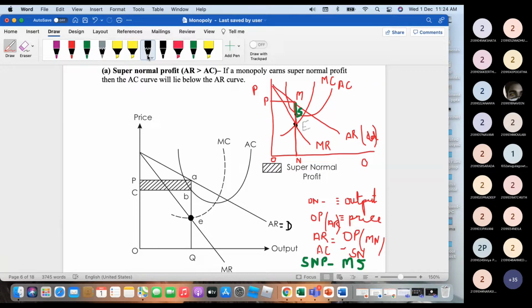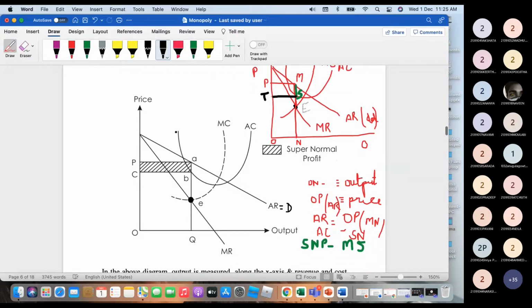And if you have to find the total, from point S, I will extend the line towards the y-axis. And from where it is touching, I'll put it as T. So I will write it down.